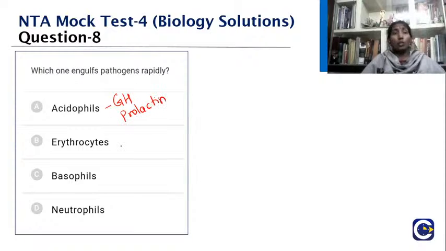What about the erythrocytes? The erythrocytes are the RBCs, which help in gas exchange and act as good buffers. What about the basophils? The basophils, along with the mast cells, play a very important role in hypersensitivity reactions.